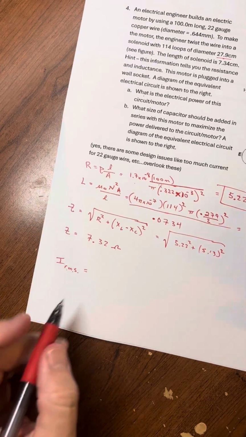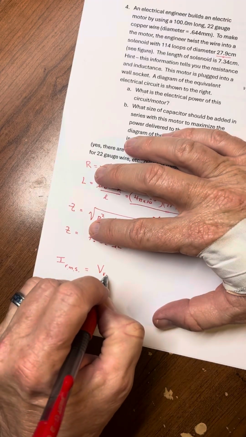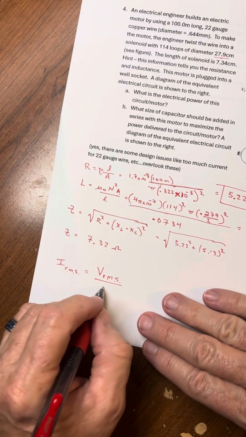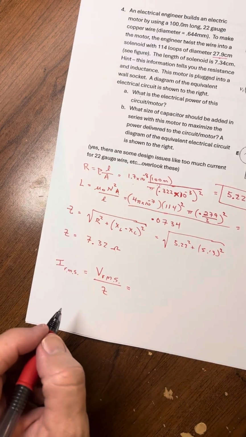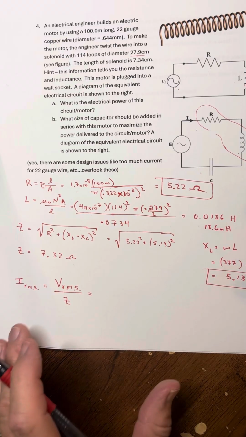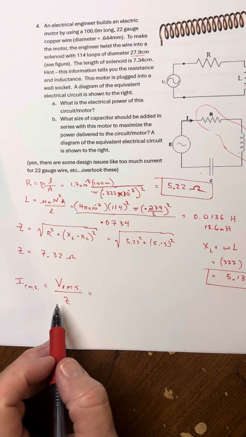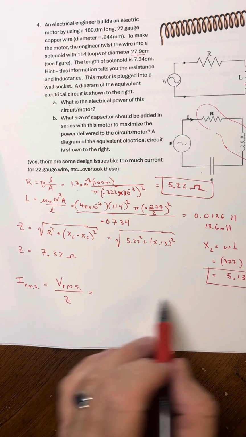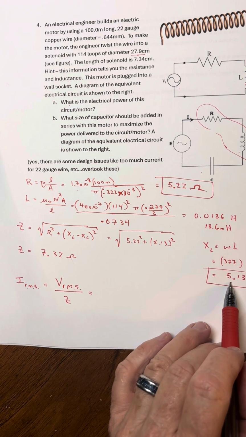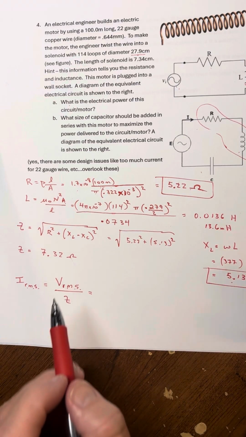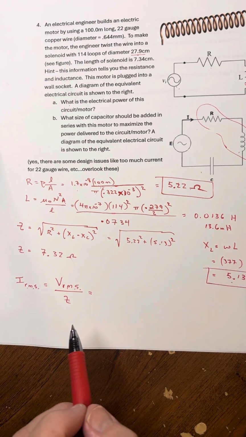So my RMS current would be my RMS voltage divided by my impedance. And the other nice thing to keep in memory here is that when you plug something in North America, not only do you have 60 hertz for your frequency, your RMS voltage is 120.